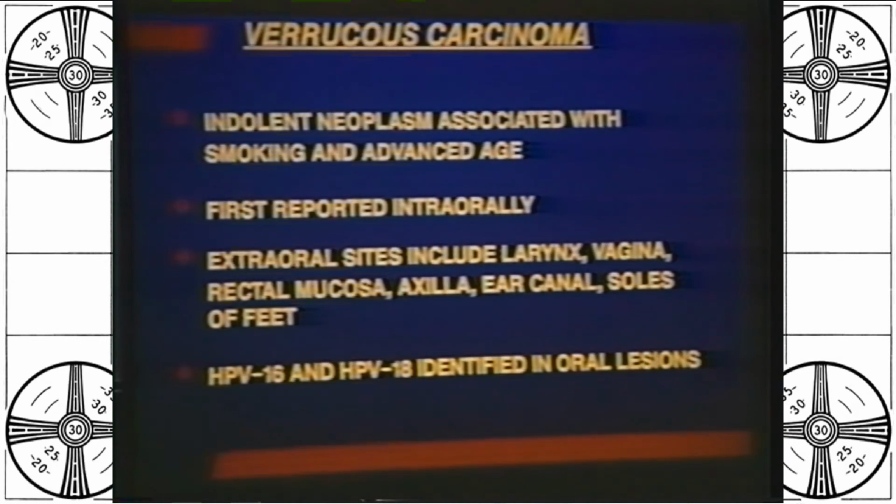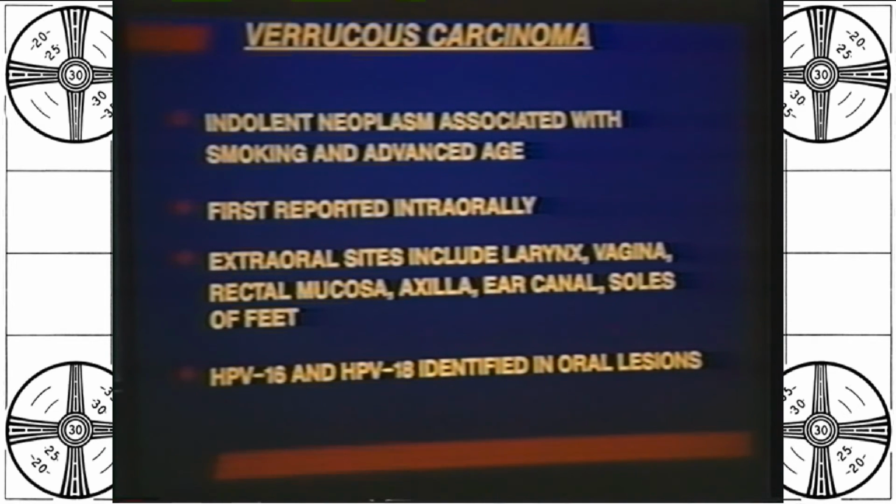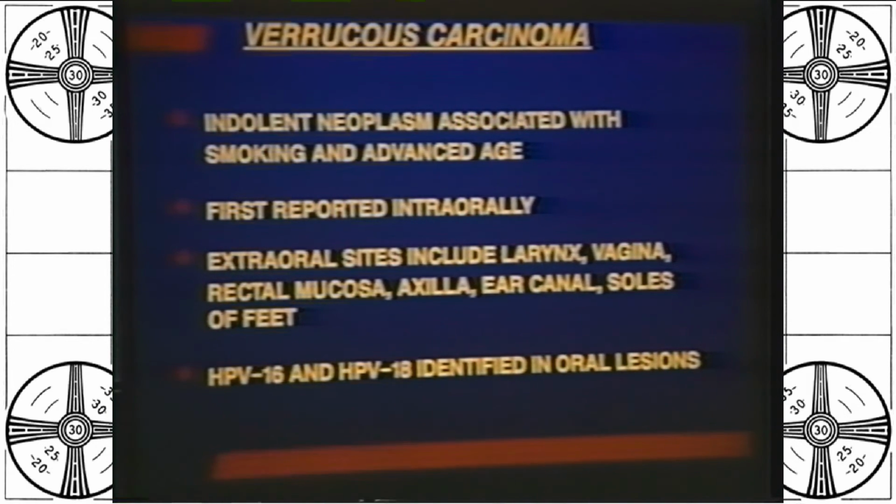Okay, let's get to a variation of carcinoma that is nice because this one is very slow growing. This is an indolent neoplasm that is most associated with long-term tobacco abuse, usually snuff, something of that sort, as well as age. So we rarely see this in young people.